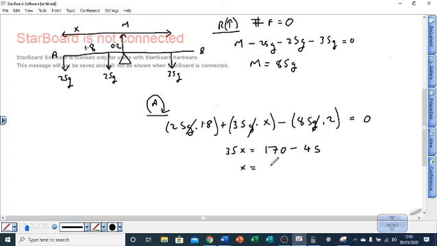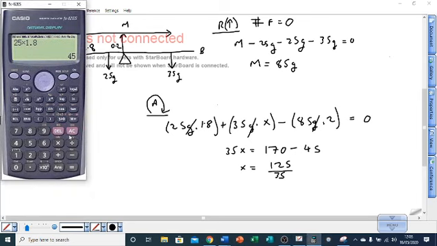Take that as 130. So it is 125 divided by 35. Going to be a nasty decimal. So I've got 125 divided by 35 is equal to, there it is, we've got 3.57.